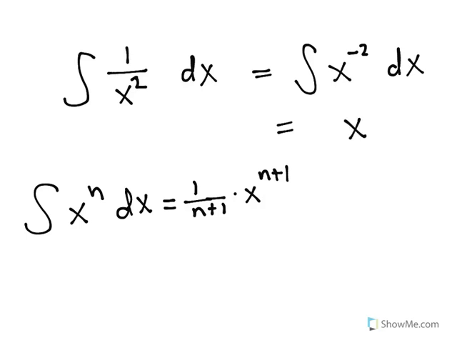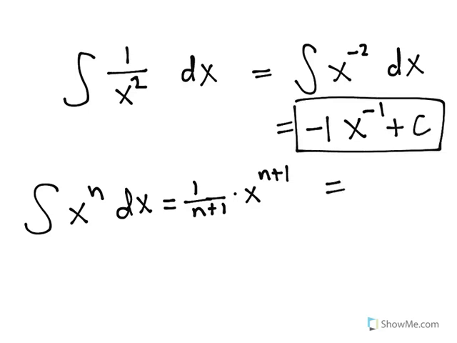So this should be x to the -1 power, because that's what it looks like to add 1. And then what do you need out front that's going to cancel out that -1 dropping down? Well, you need a -1 there. And then don't forget that since this is an indefinite integral, you also need to have a plus c on the end. Or another way to write that is -1 over x plus c. Either way.